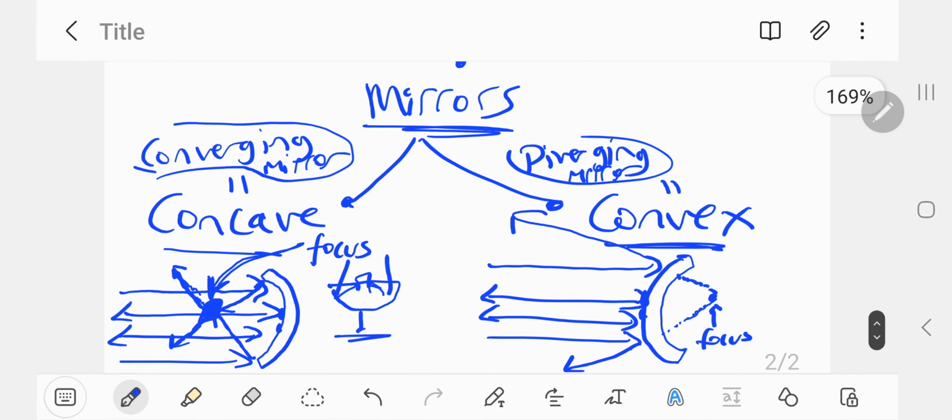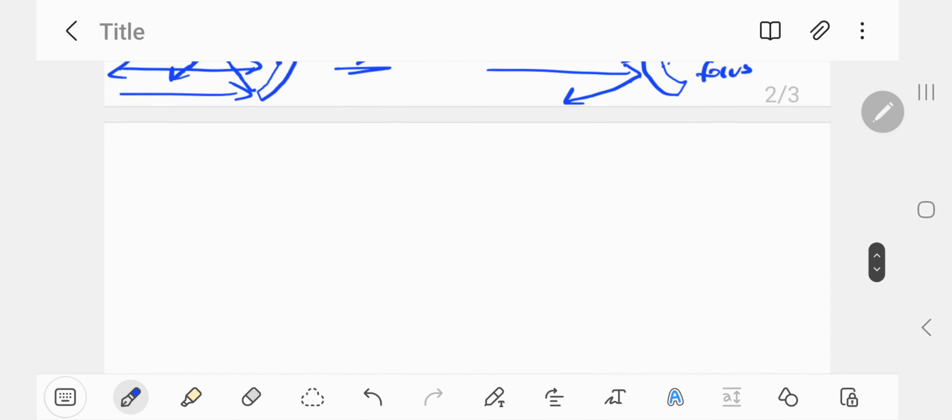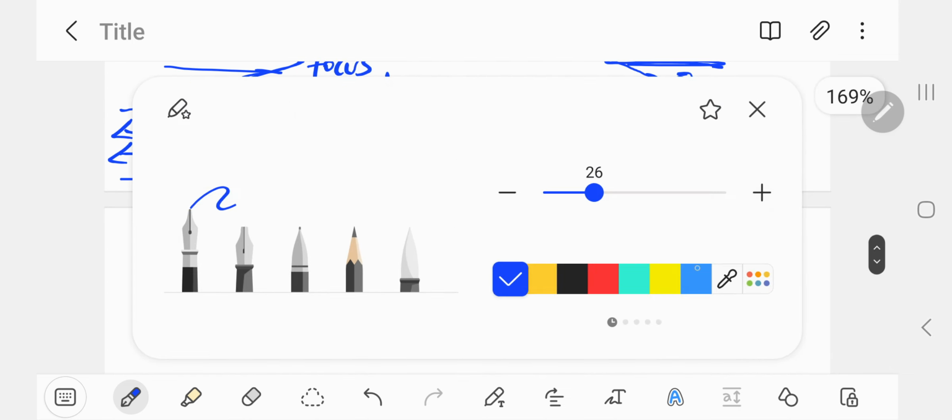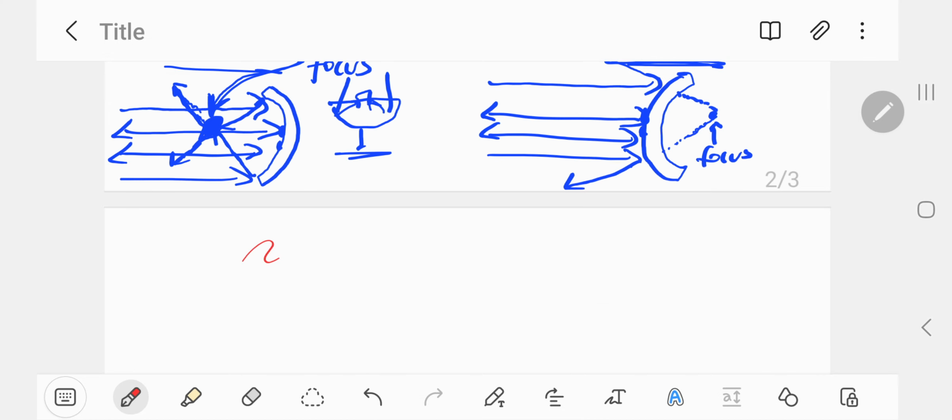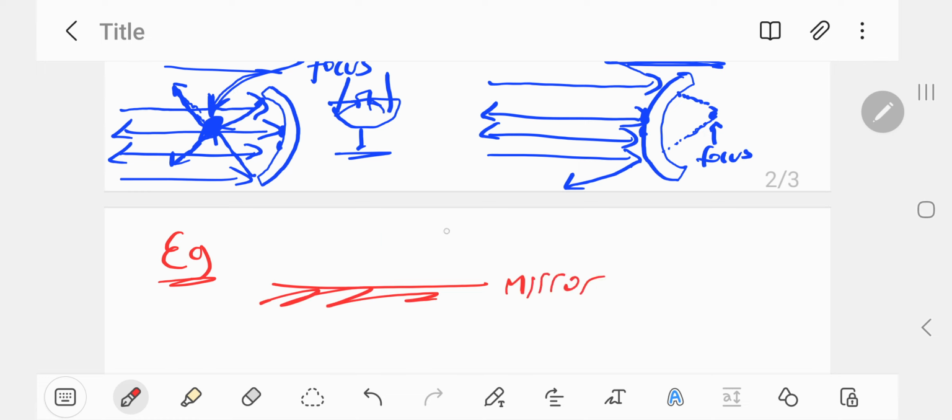We'll quickly do some examples now of the law of reflection, see how that works. So e.g., suppose you have a mirror here. You have a light ray coming in, light ray reflecting off.